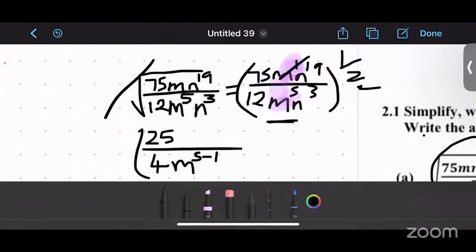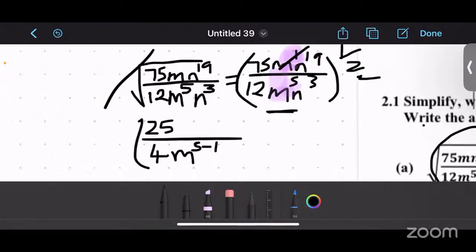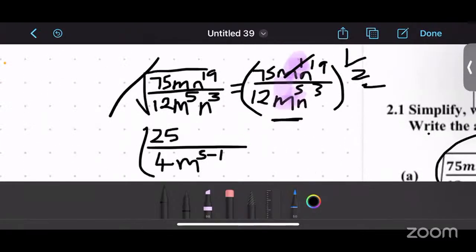And then my n, I have n to the power of 19, and I also have n to the power of 3, because I want to keep my exponent positive. Remember, it is advisable to keep your exponent in a positive form. So 19 is greater than 3, which means I'm going to move the 3 to the numerator.